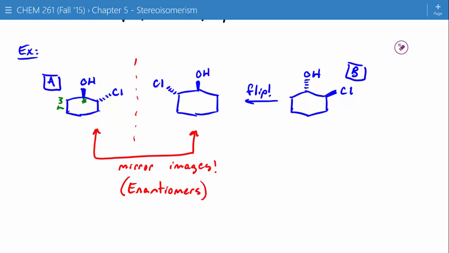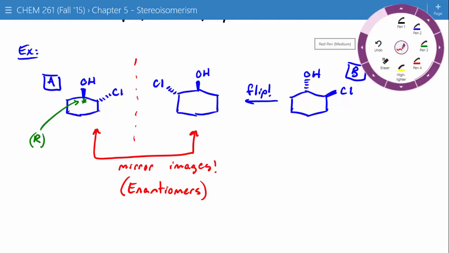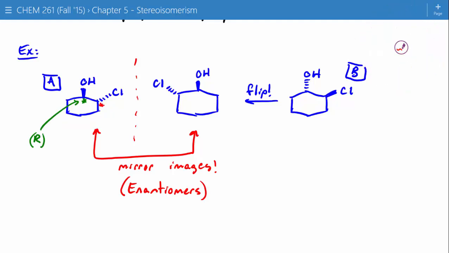Okay? So let's label this. I'm going to go through and label this R. Now let's go through and label this carbon. Is that going to be R or S?